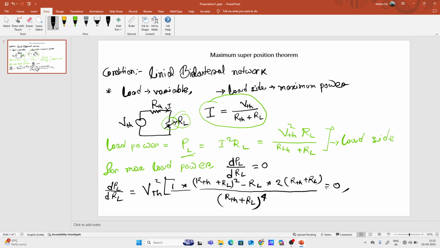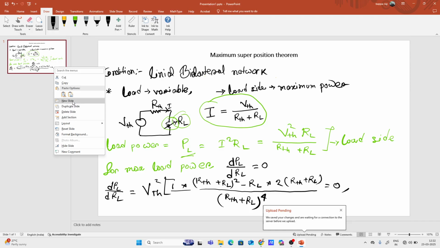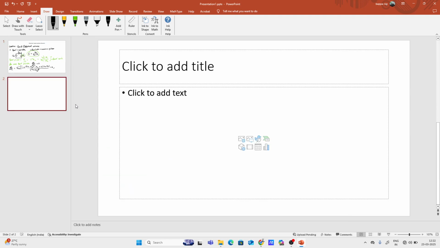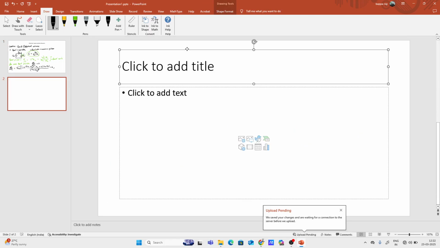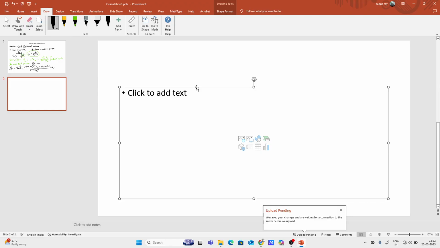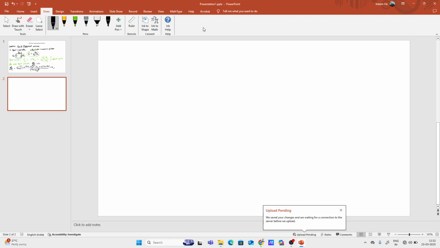So we'll skip some part of this derivation. I think you can do the derivation, but at last I just want to come to the result directly. Or let's go to the second step, not skipping.